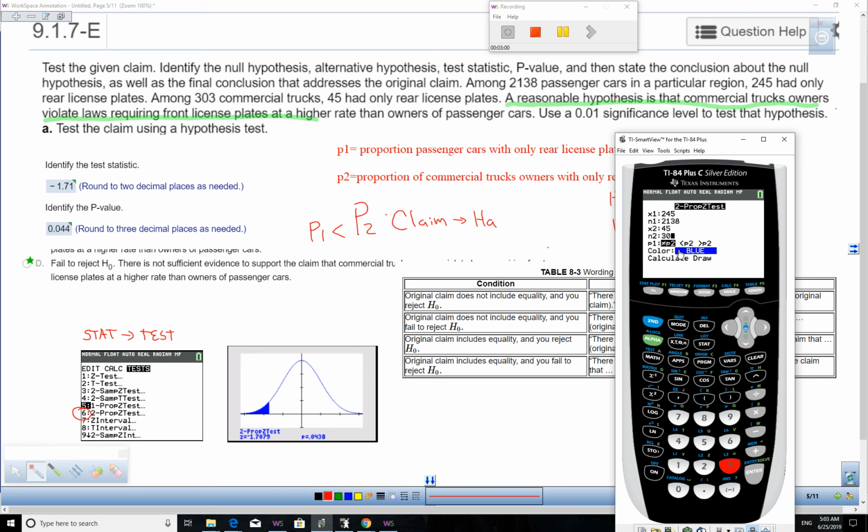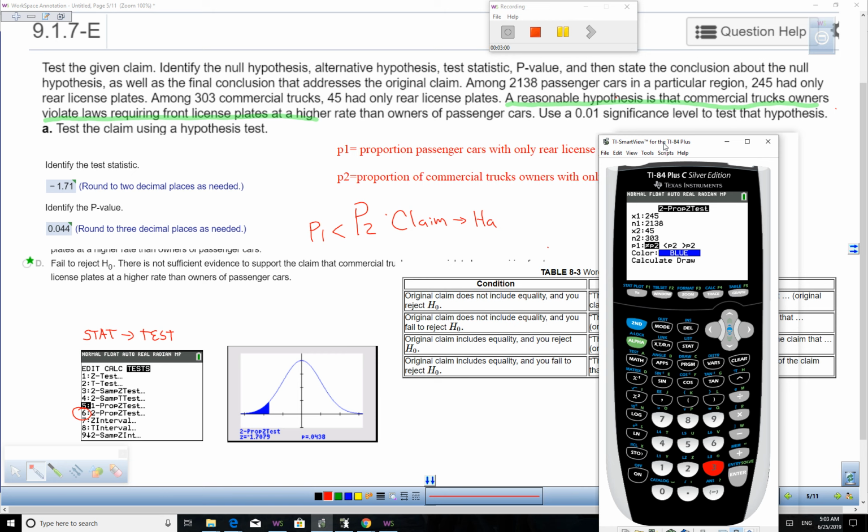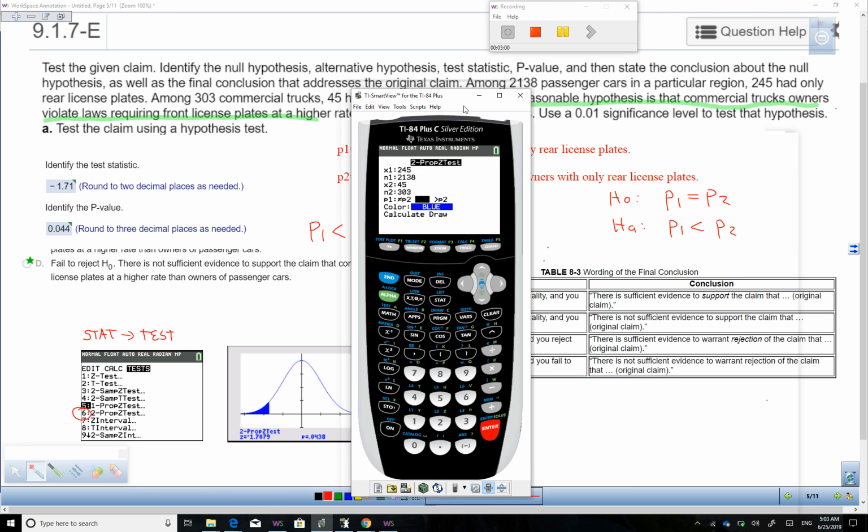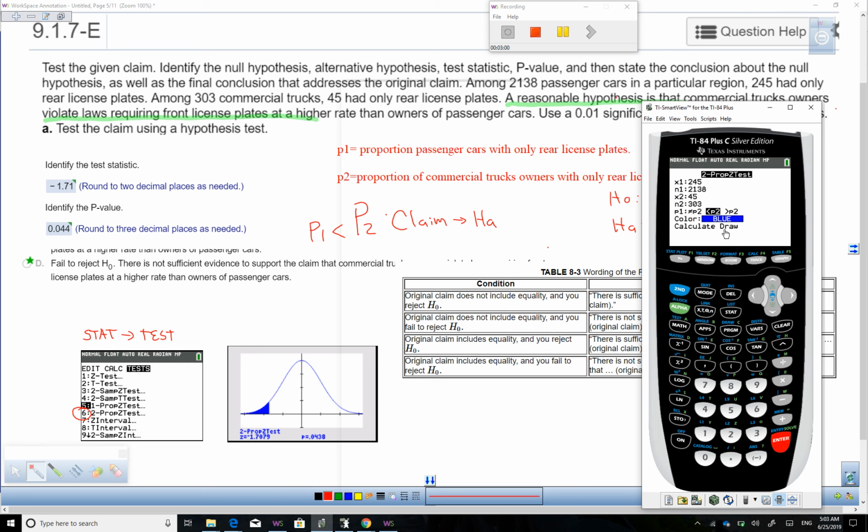We need to make sure we select the correct alternative hypothesis. In this case, it's less than. We need to highlight this by pressing enter. And I like to hit draw here. We go down, but you can also highlight calculate.